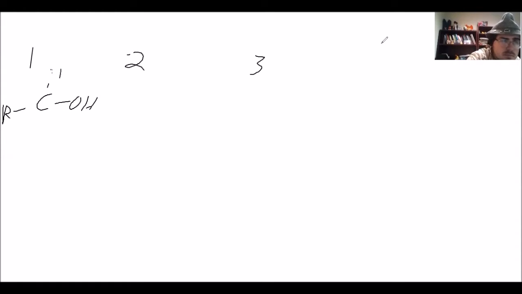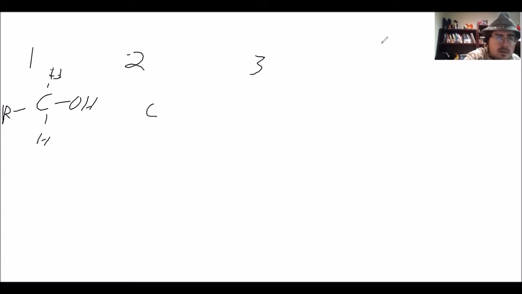So let's look at primary, secondary, tertiary. In a primary, we have only one carbon attached to the alcohol carbon.